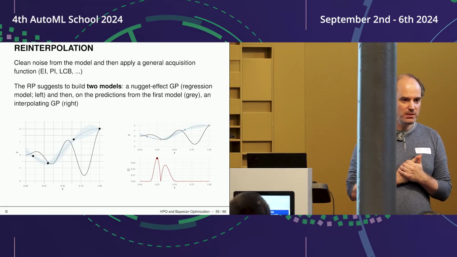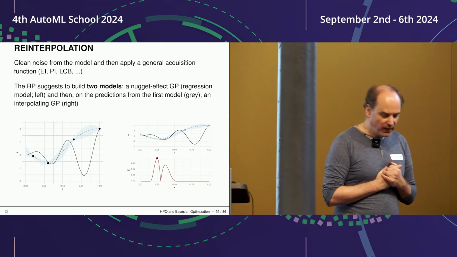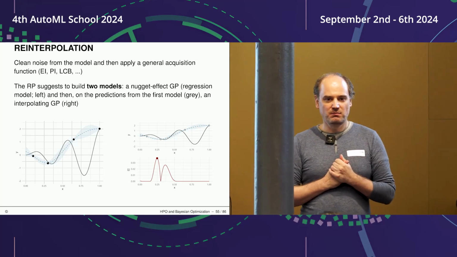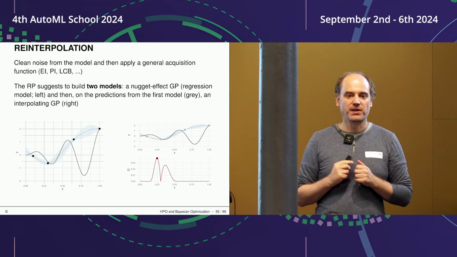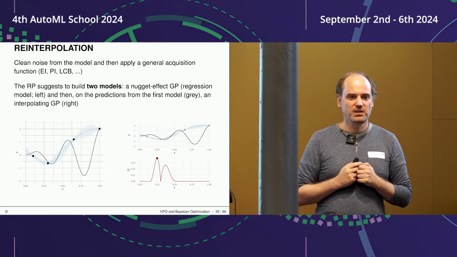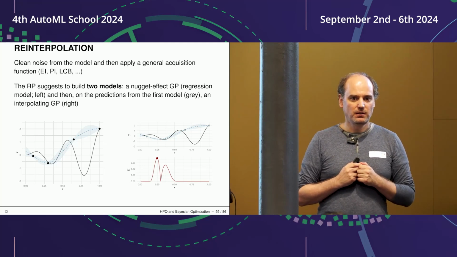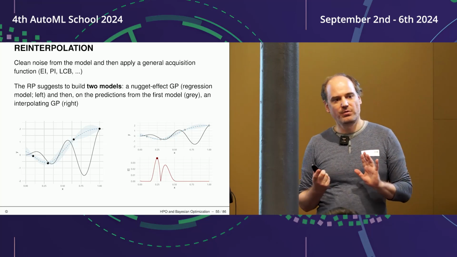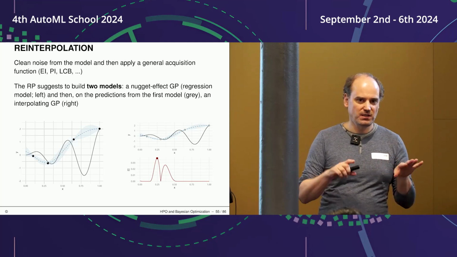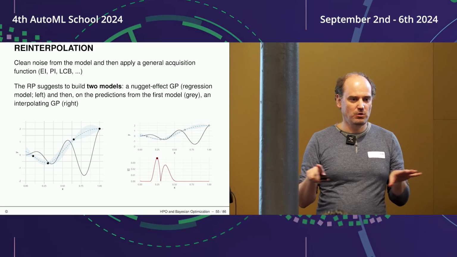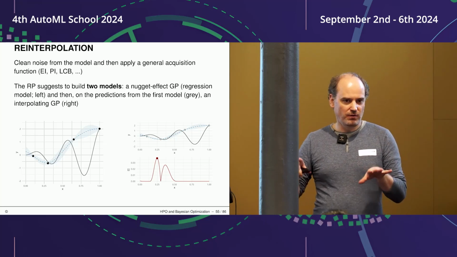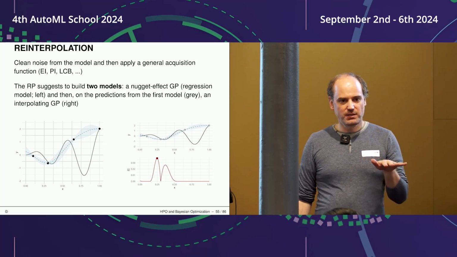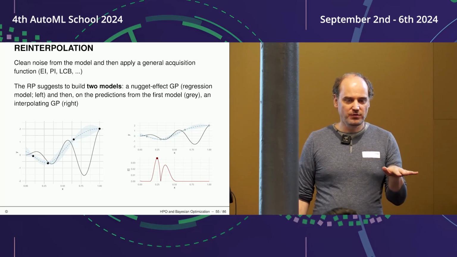This is super simple. You can call that somewhat heuristic, but this works quite well. Super simple to implement. You could complain that this takes twice as much time in surrogate model fitting, and fitting GPs is expensive. This is somewhat true, but there are even ways around that. The usual trick is that the length scale optimization of the GP is usually the expensive part, to optimize the kernel parameters of the GP.